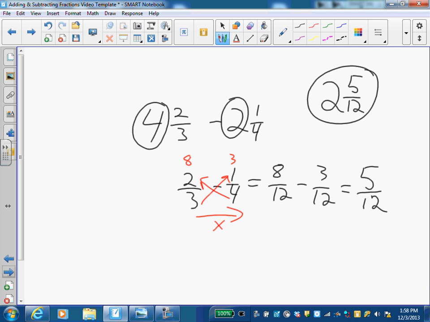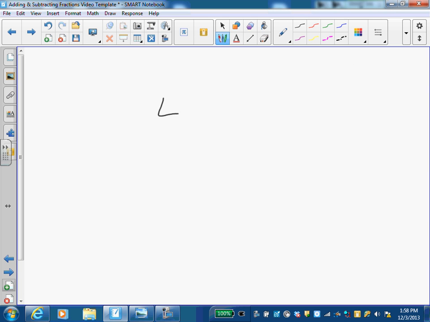That's two ways to work it, and it seems like this way would be the better way. But because we have whole numbers involved, we can run into a problem, and let me show you what I'm talking about. Let's say that I'm going to switch the fractions around. Okay? I can do this.